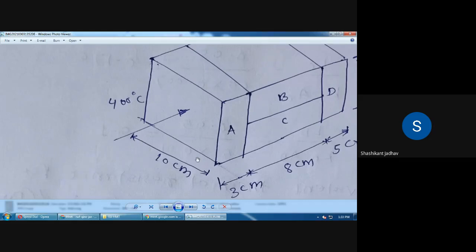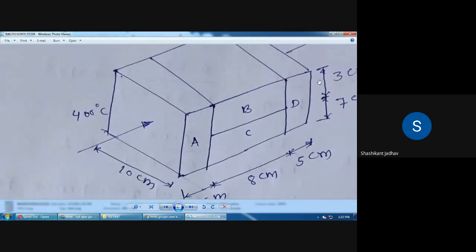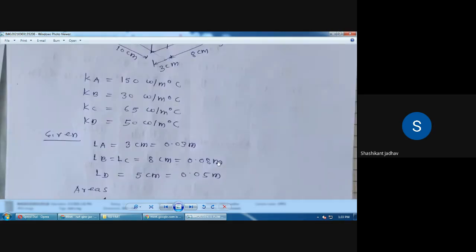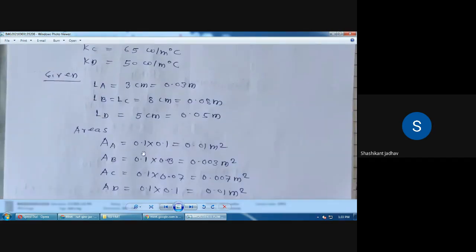Width is given as 10 centimeter and the total height is 10 centimeter. So 10 centimeter is nothing but 0.1 meter, and 10 centimeter is nothing but 0.1 meter. So the area of layer A is 0.1 into 0.1. Area of layer A is equal to 0.01 meter square.